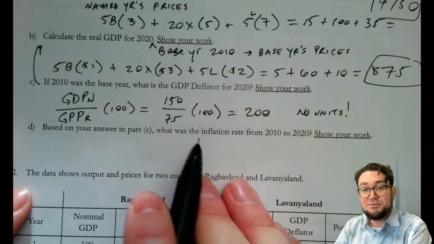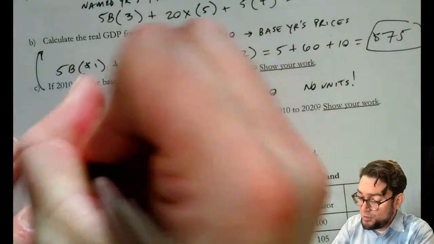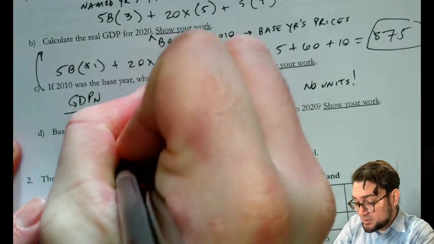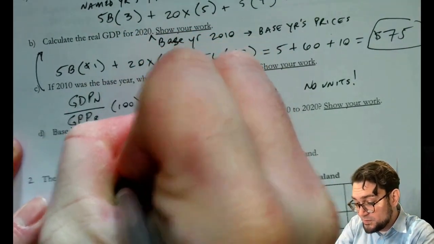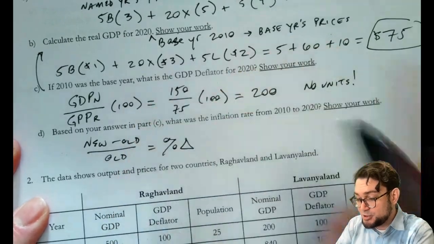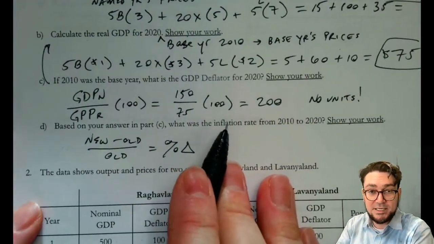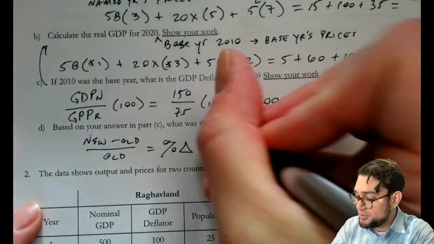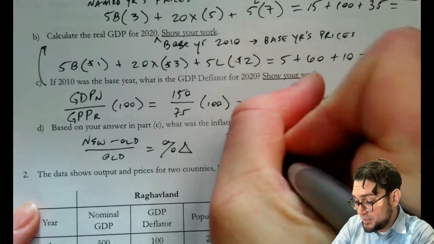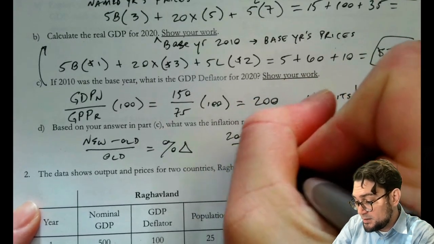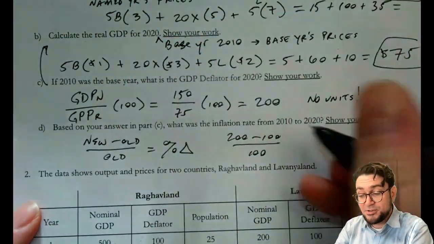Based on our answer in part C, what's the inflation rate from 2010 to 2020? Show your work. So we do new minus old over the old equals a percent change, and that's what we're calculating when we calculate the inflation rate. The new value is 200. The old value was 100, and that old value is the base year's GDP deflator.